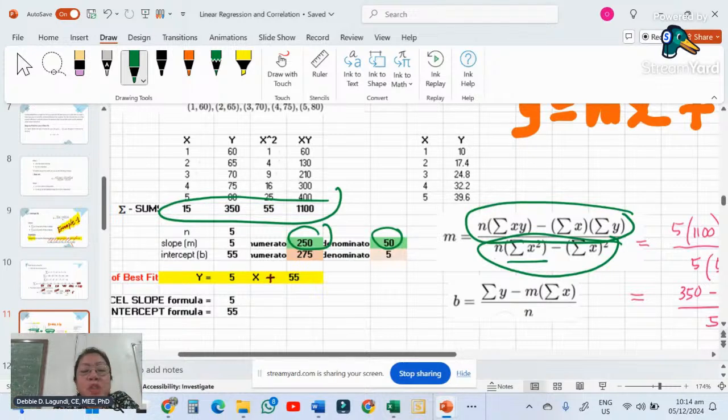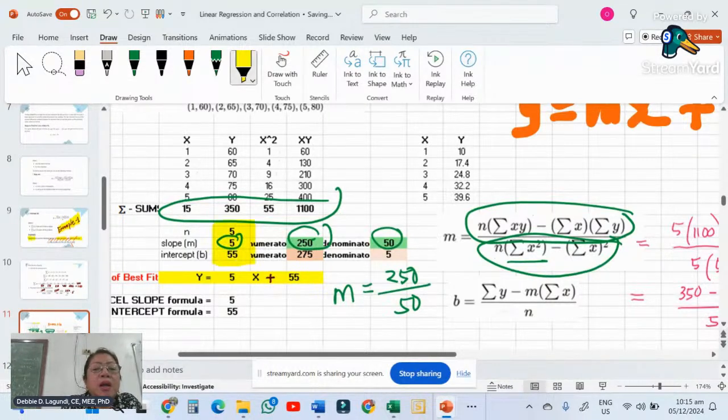All right. So that is for m. What will we do after? Numerator divided by denominator, then you must have a slope of 5. That's the one I was trying to say a while ago. So m will be equal to the numerator, 250, divided by 50, which is 5.